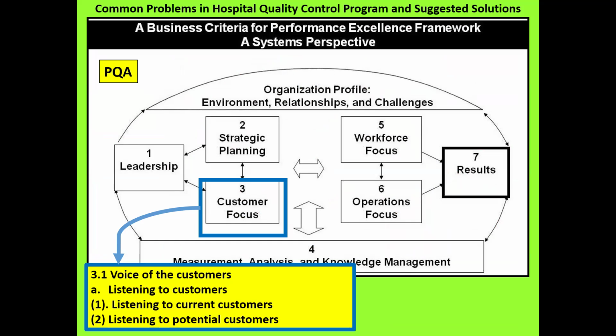In the PQA standards of customer focus, there are three items. You have to listen to the voice of the customers, okay? Listening to the current as well as potential customers.